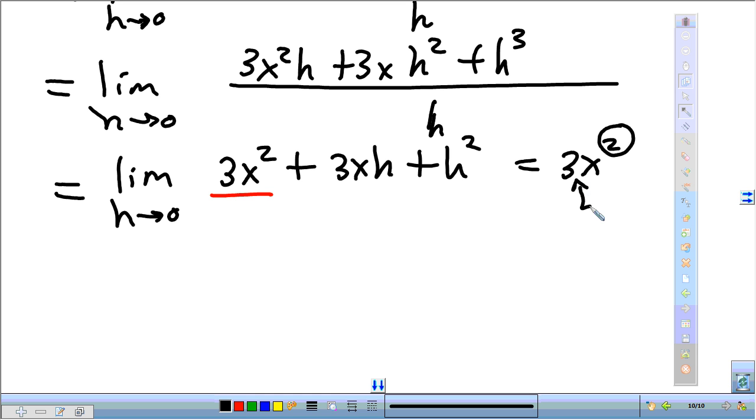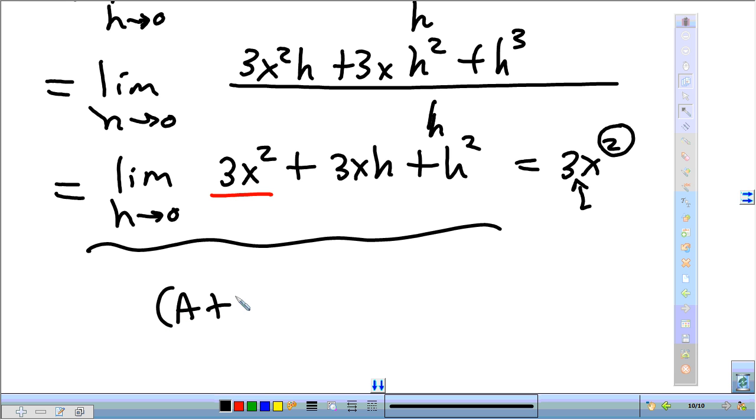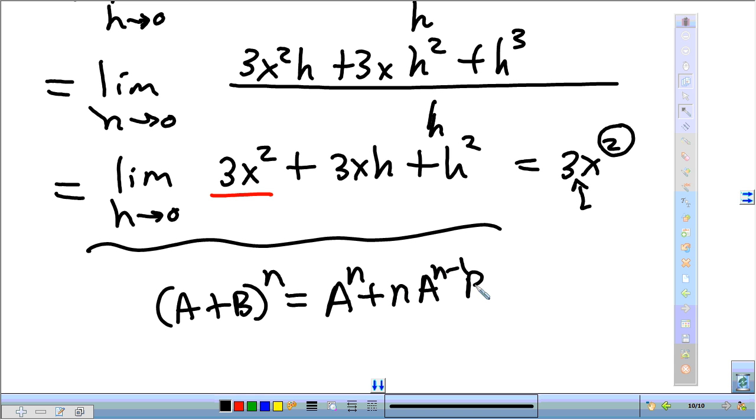And then where does this come from? Well, if you multiply it, it's true that you would start this multiplication with a to the n, and the next coefficient is always the same as the power in that multiplication.